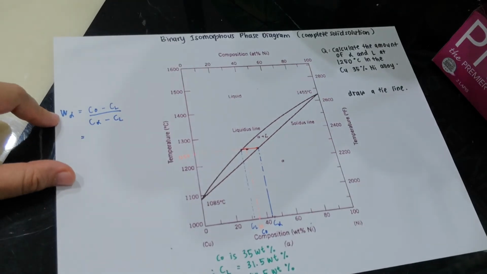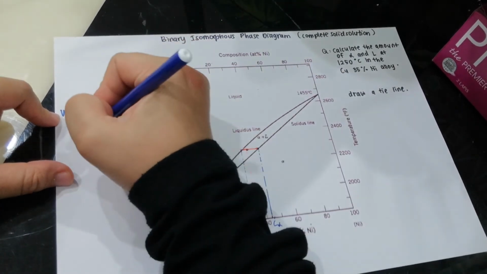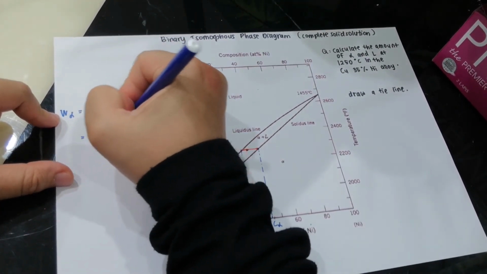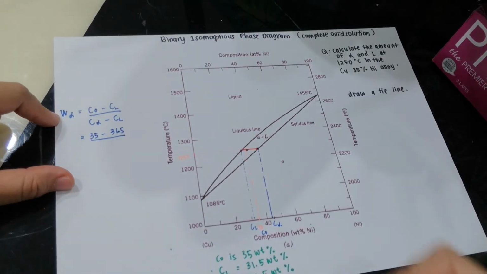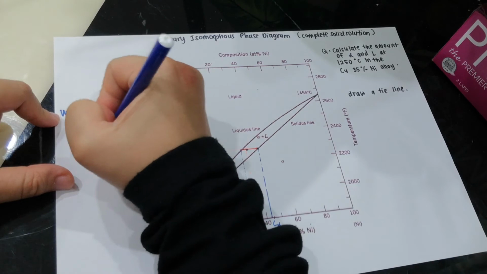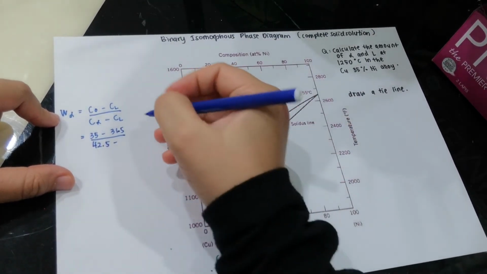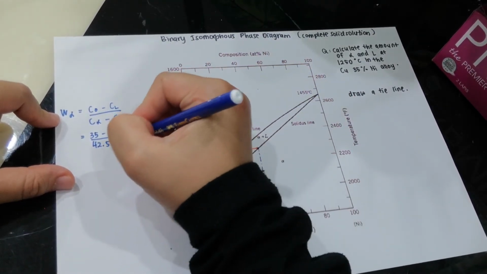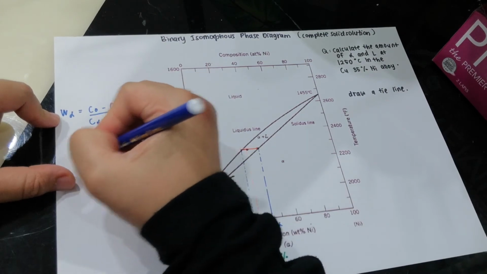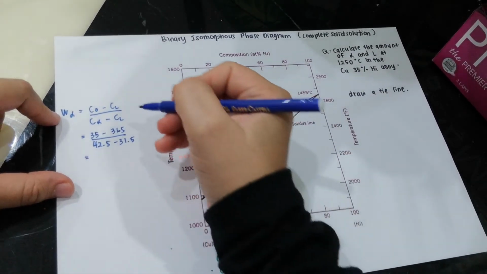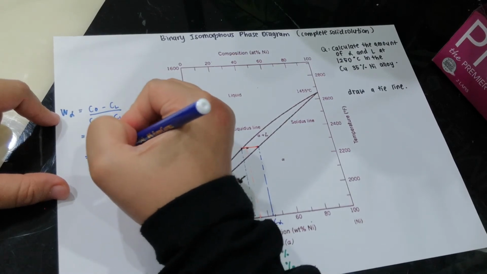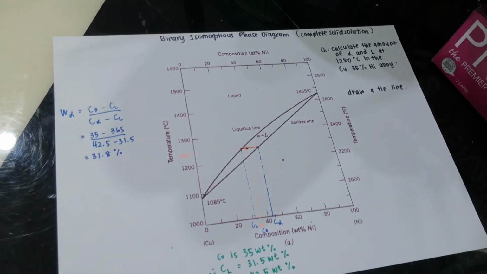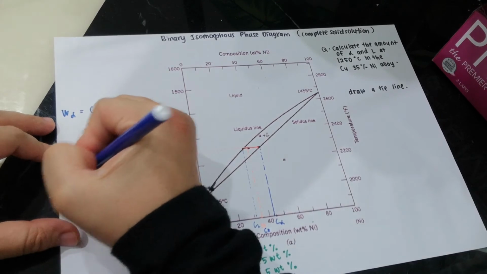And we get 35 minus 31.5, divided by 42.5 minus 31.5. So here we get the fraction of solid is 31.8%.